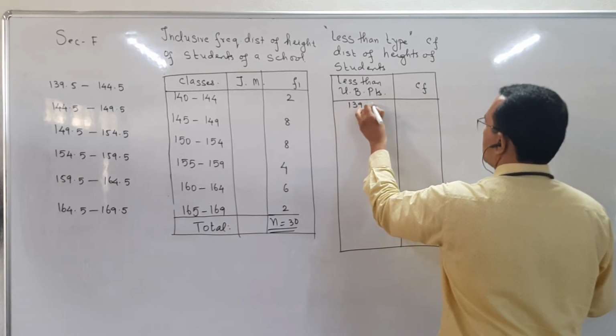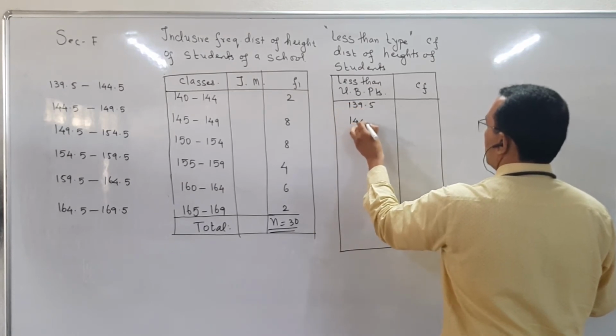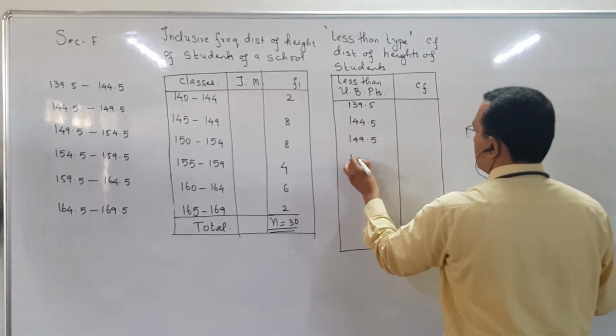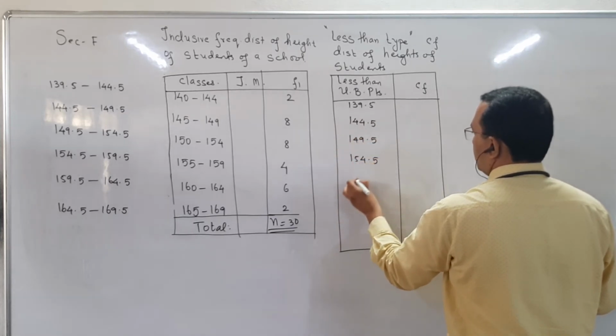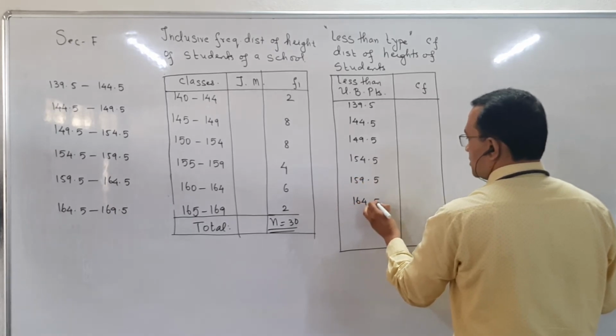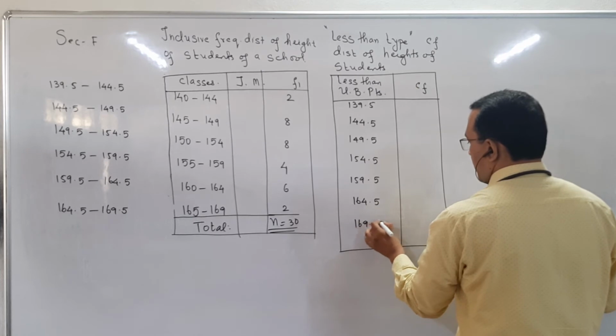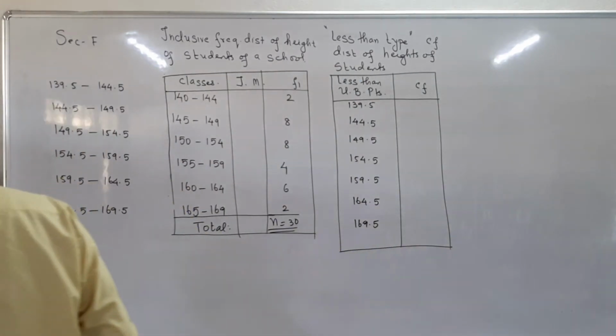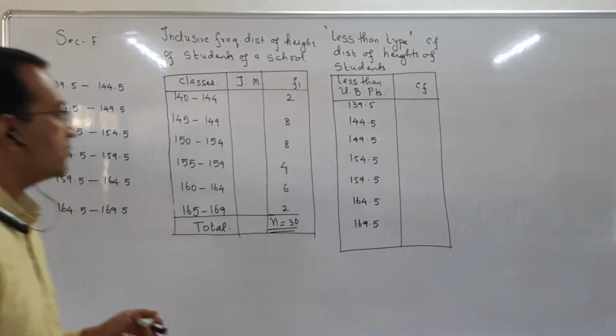So 139.5, 144.5, 149.5, 154.5, 159.5, 164.5 and 169.5. Now in less than type we start with 0.